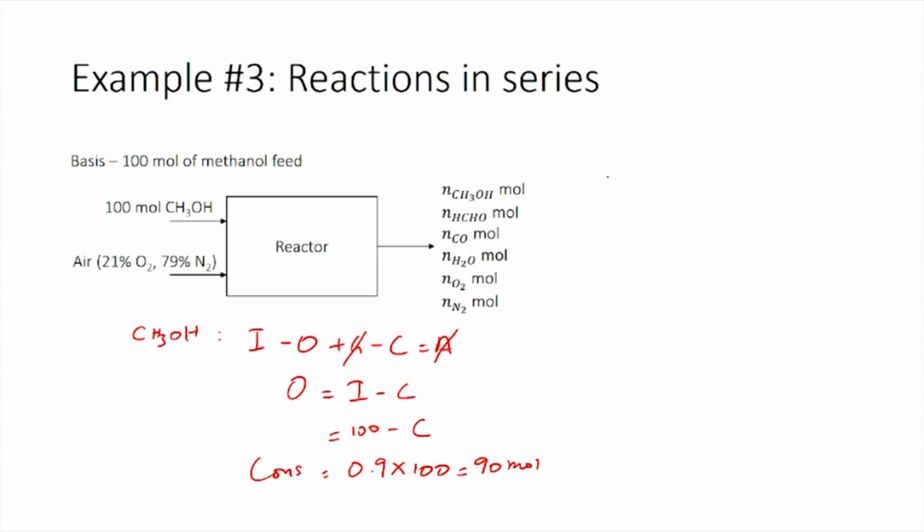Therefore, the methanol leaving the system, N_CH3OH, is 100 minus 90, giving you 10 moles. So, 10 moles of methanol is leaving the system.